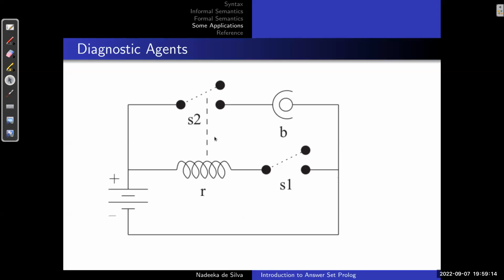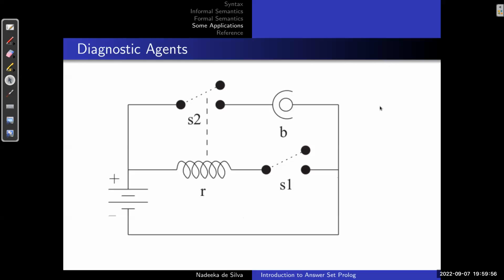So he knows in the beginning all the components are working, and then he observes that switch S1 is closed, and S2 doesn't close or the bulb doesn't light. Let's say he observed that the bulb doesn't light. Then that agent can come up with symptoms and check what occurred, whether the surge occurred or the break occurred. We can use this programming to write a diagnostic program like that.